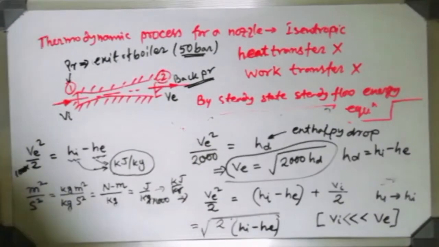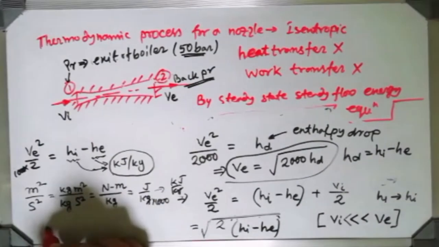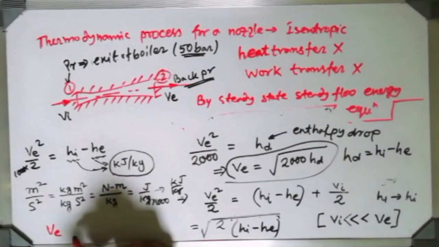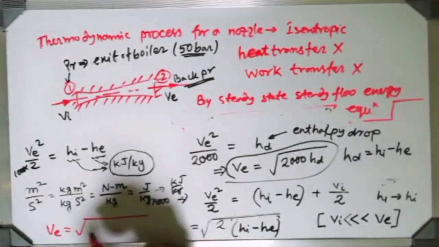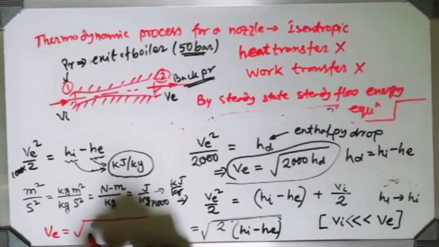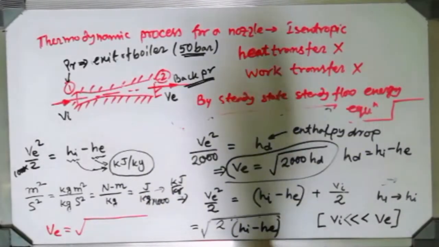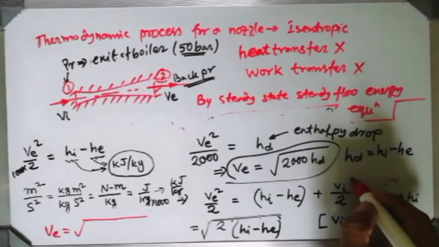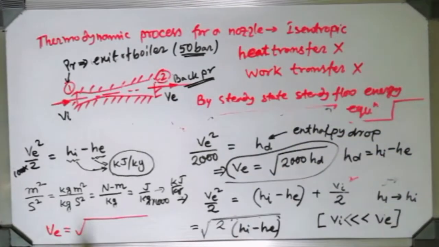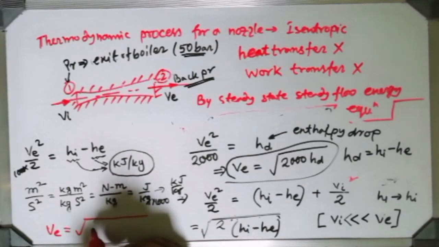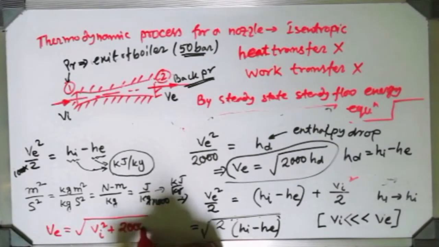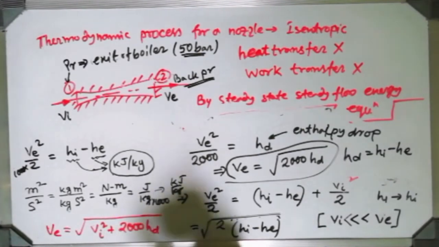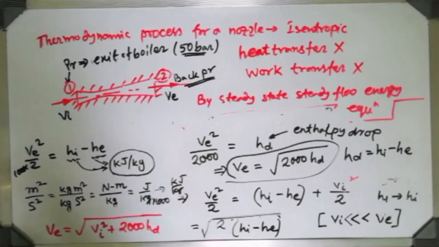If the inlet velocity is also given to you, then you cannot ignore it. At that point of time, which relationship we have to use? At that point of time, VE will be root over, obviously that expression whatever I have written over here, that Vi square by 2 is still there, it is not ignored. So that relationship should be Vi square plus 2000 hd, because in your problem it is given that incoming velocity of the nozzle, you cannot ignore it.